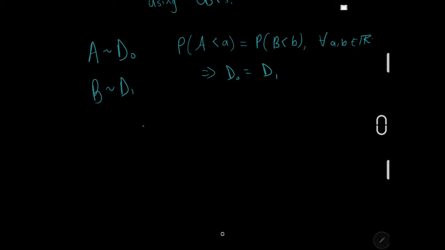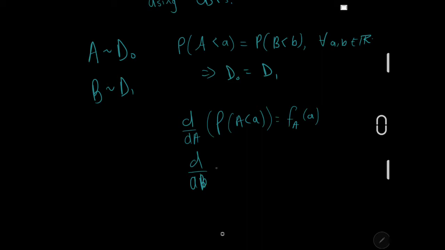One thing we might want to do is just look at what the PDF is. Well, the method of CDFs uses distribution functions, but if you take the derivative on both sides, so if you take d/da of the probability that A is less than a, that's equal to the PDF of A, f_A(a), and d/db of the probability that B is less than b, that's the PDF of B, right?